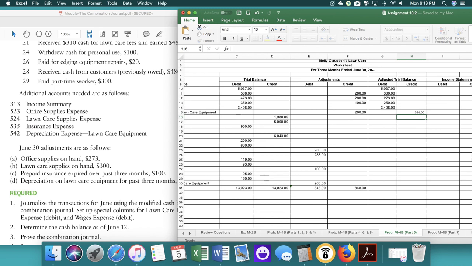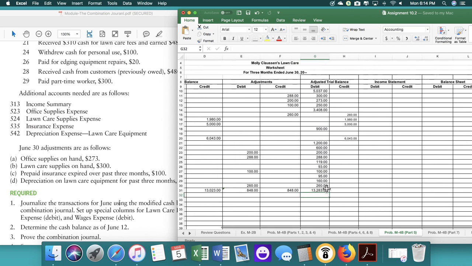Make sure you enter it into the right side of the adjusted trial balance. Okay, so let's total the columns and see if we have everything correct so far. So far, so good.